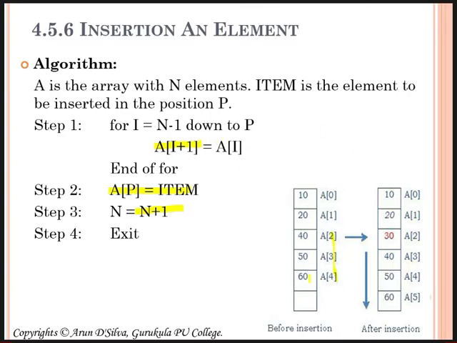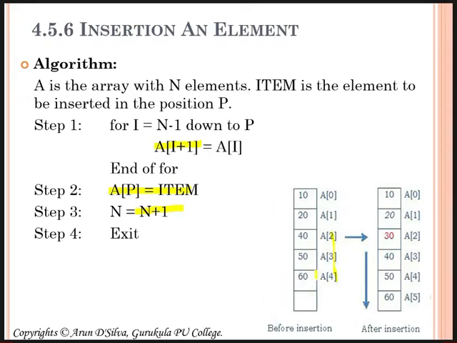Now A of I plus 1: initially I value is 4, plus 1 means it becomes 5. So A of I plus 1 means A of 5 equal to A of 4, that is the 60 moves to position 5.